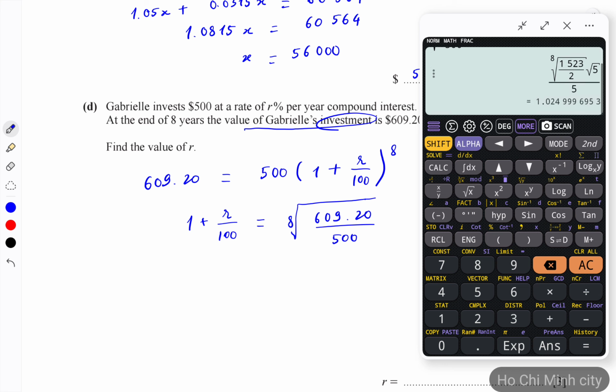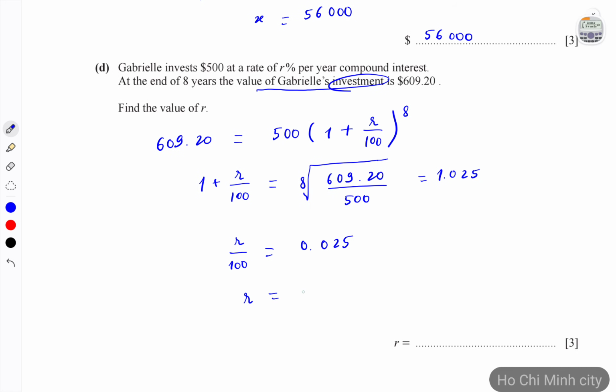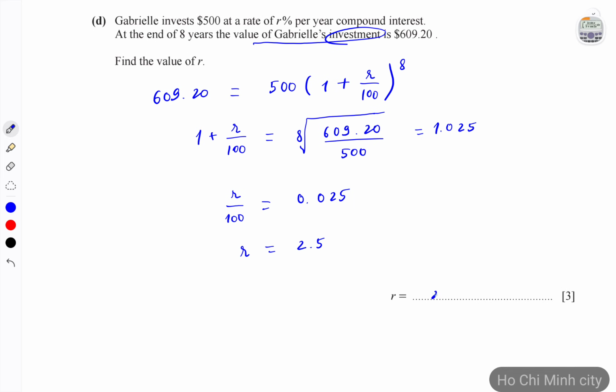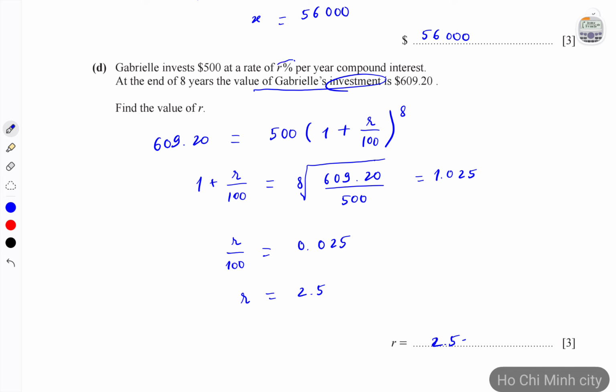So the answer is 1.025. Now we know that R over 100 is 0.025, so the rate is 2.5. We already have the R percentage, so we don't need to write any percent sign here.